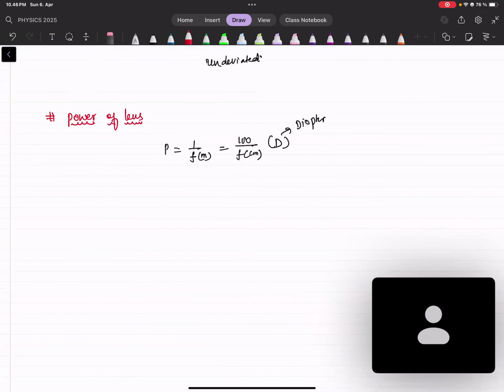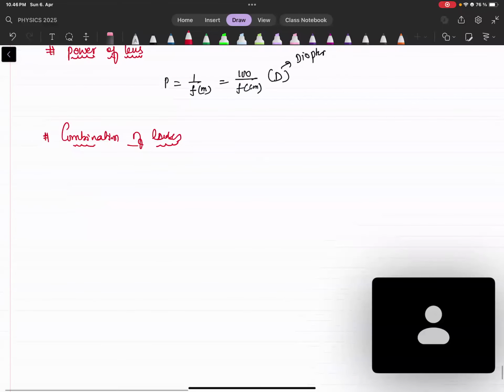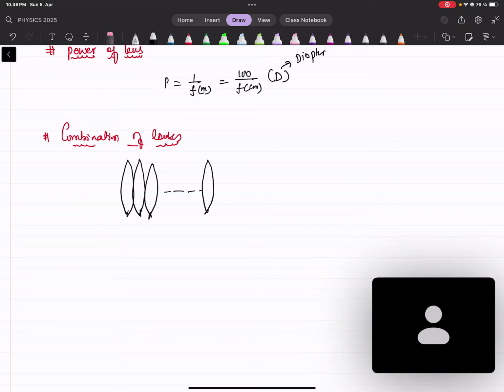Sure. Next one is combination of lenses. When n number of lenses are in contact, converging lenses, like that, n number of lenses are in contact.